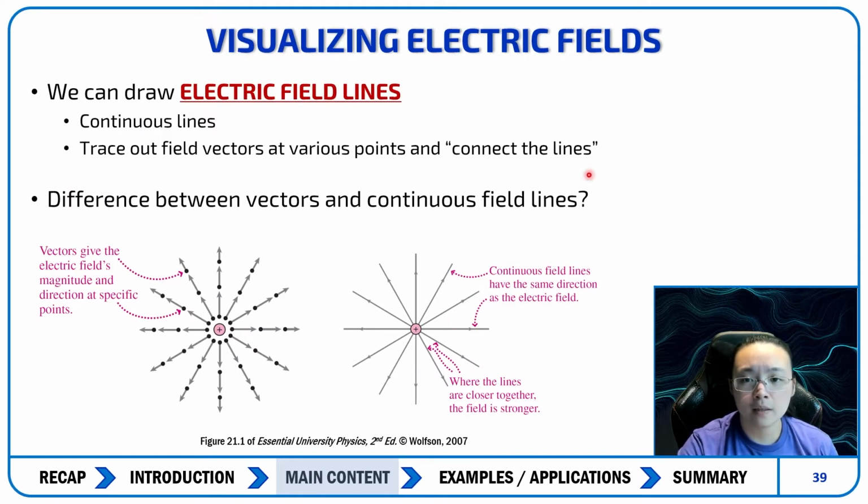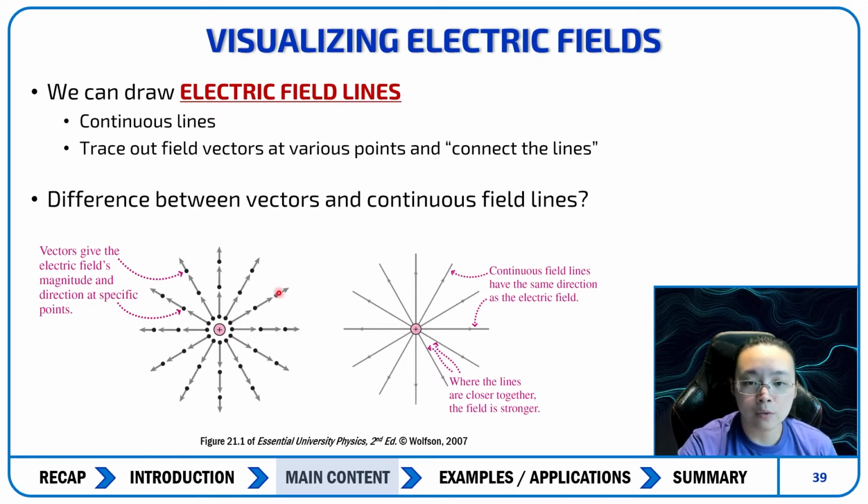The next step is to visualize these electric fields and what they look like. Electric field lines are continuous lines, and we can trace out field vectors at various points and connect the lines. So there are two different ways to visualize electric fields.